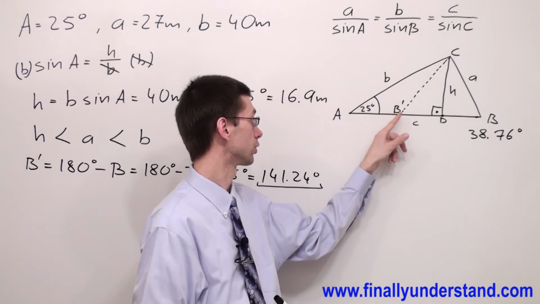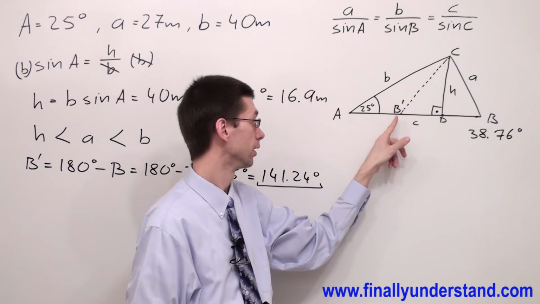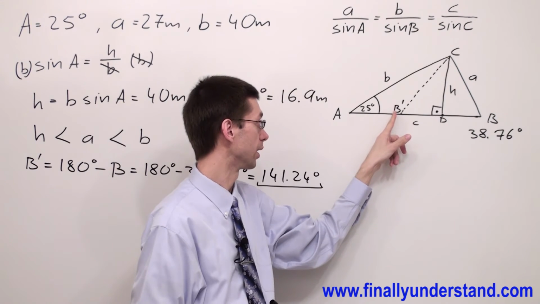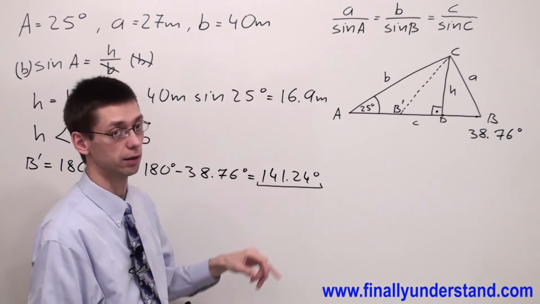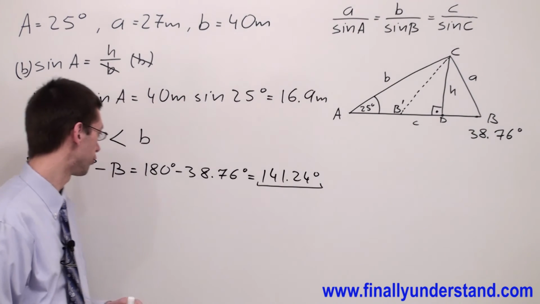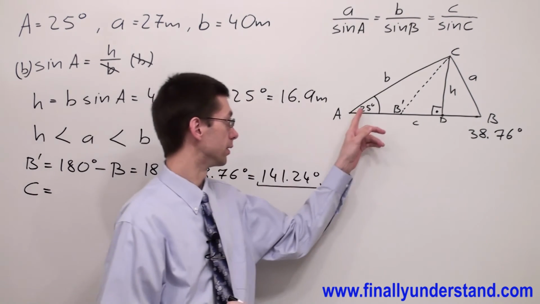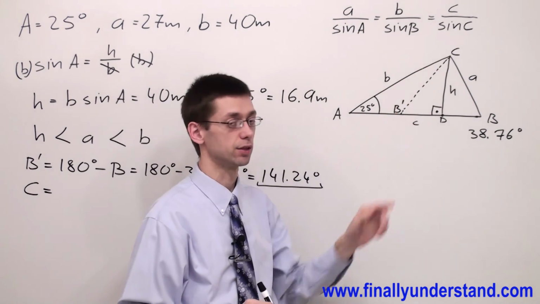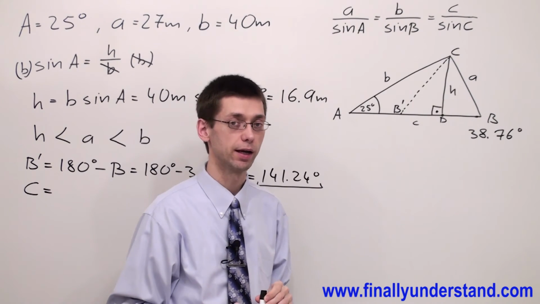Let me remind you, we are talking right now about this triangle, and angle B prime this time is an obtuse angle. Next, we're supposed to find angle C. Please keep in mind that the sum of all angles in any triangle is equal to 180 degrees.